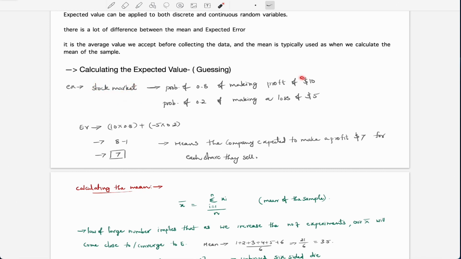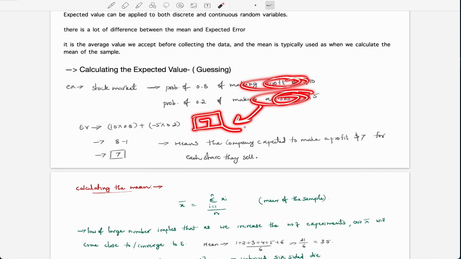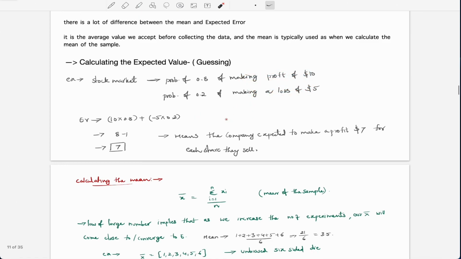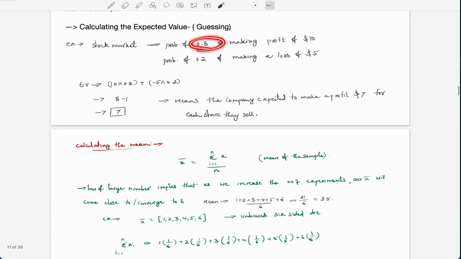They are making an 80% chance of a profit of $10, and a 20% chance of a loss of $5. By these two, we conclude with the expected value of $7, which is the profit on each share they sell.